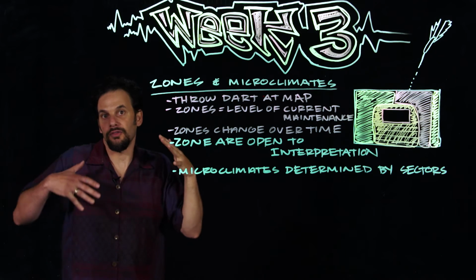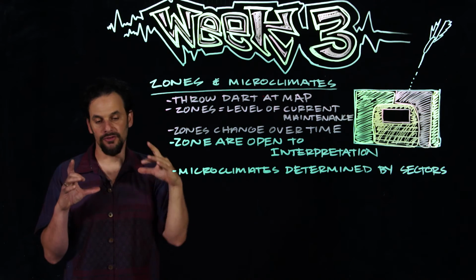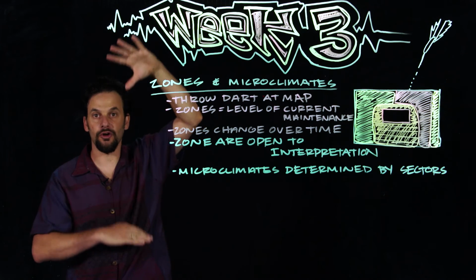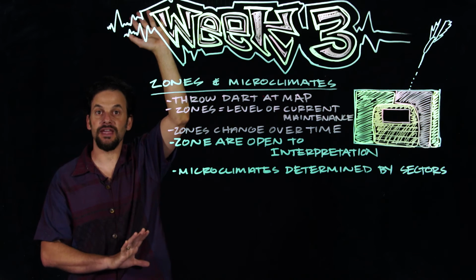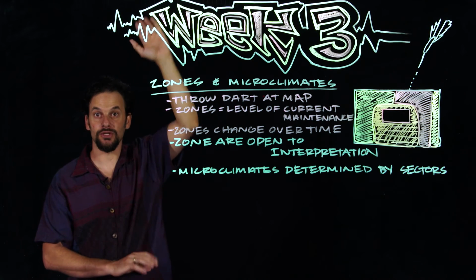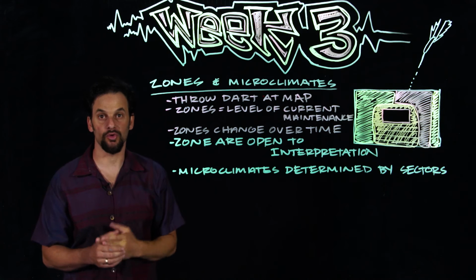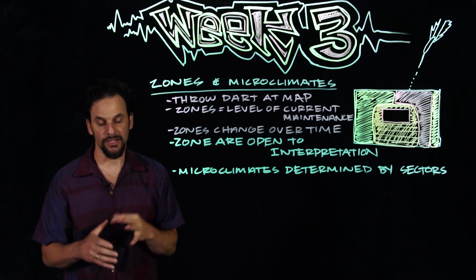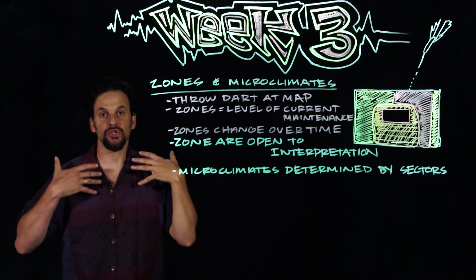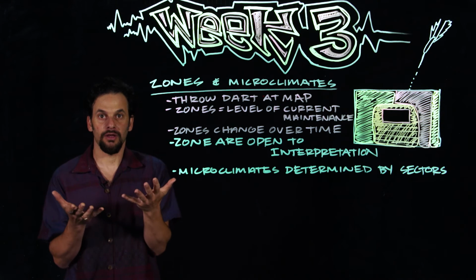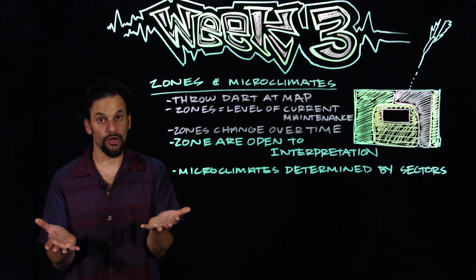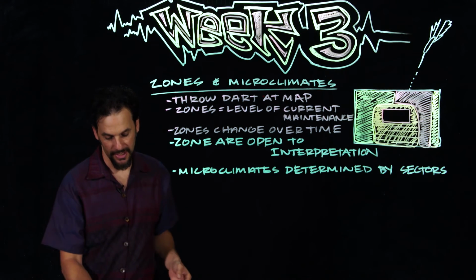The side of your site, if you're in the northern or southern hemisphere, farther away from the equator, that's facing the sun in the wintertime, that's really important, your winter sun sector. So those sectors actually inform and determine, in a large part, the microclimates on your site.